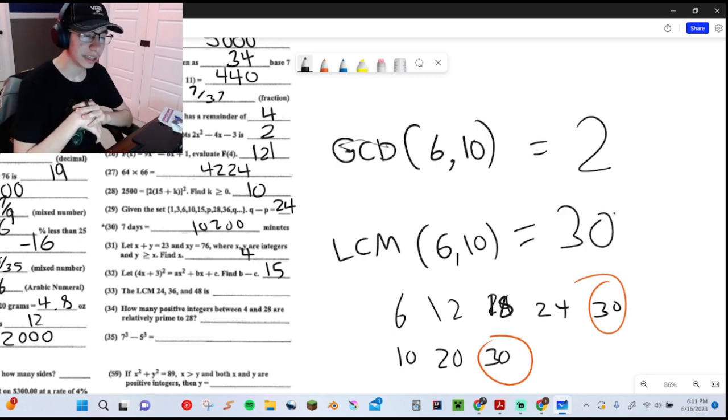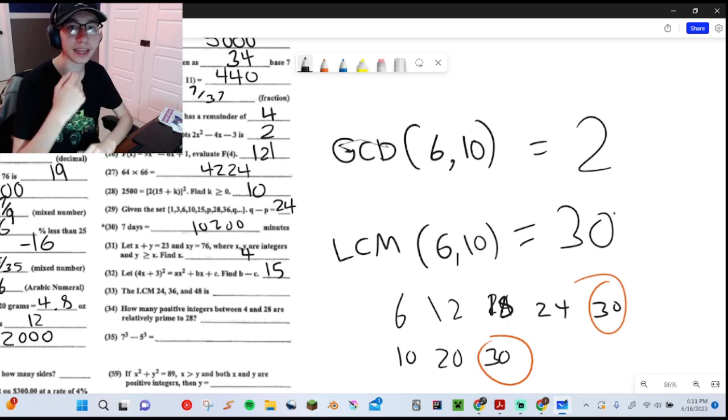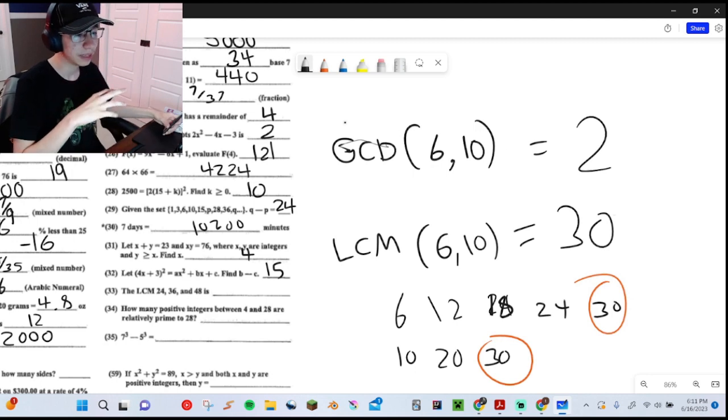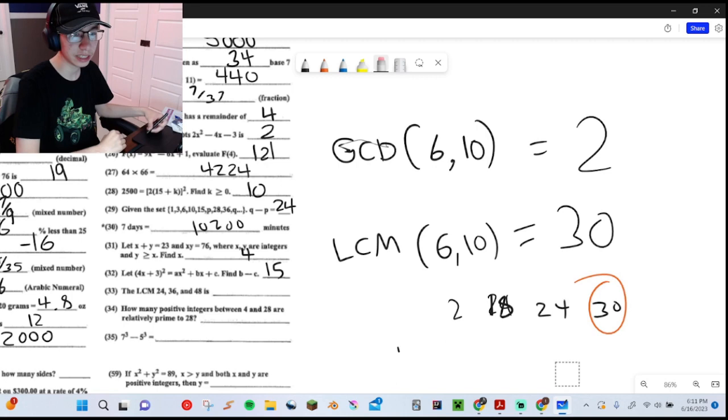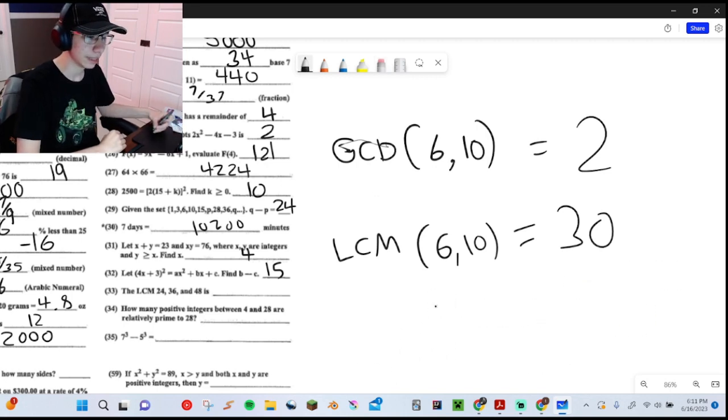In terms of guessing and checking, it's way more annoying to find the LCM than the GCD. But luckily we have a way where you don't have to guess and check. The way you find the LCM of two numbers is related to the GCD. So you gotta memorize this.